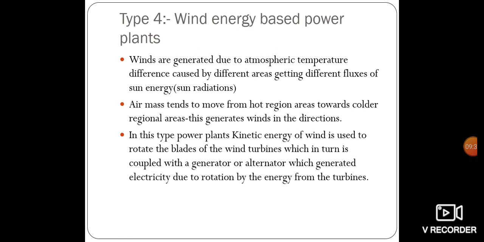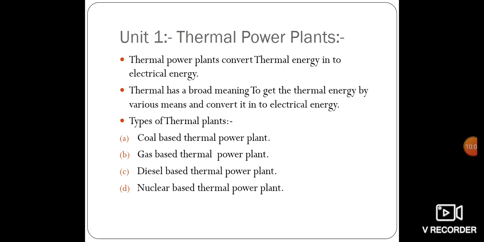The kinetic energy of the wind flowing is used to rotate the wind turbines, which in turn are coupled with a generator or alternator. Because of that, the kinetic energy is converted into mechanical energy, and mechanical energy is converted into electrical energy in the case of wind energy based power plants.